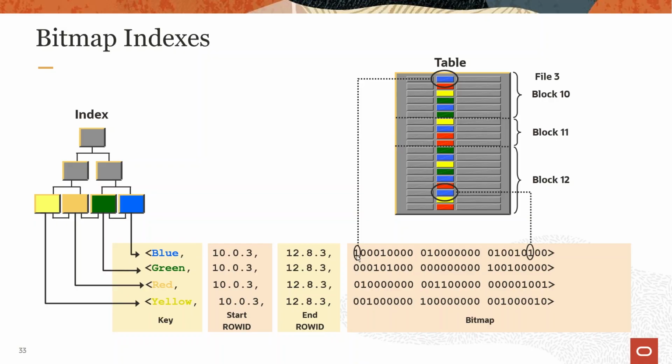Based upon the position of that bit and the start and the end row ID, it can calculate the actual row ID of that blue record inside that table. The one over here, based upon its position and the start and the end row ID of the rows, can calculate the row ID of that other blue record, which will point to that one. This is how internally a bitmap index looks.